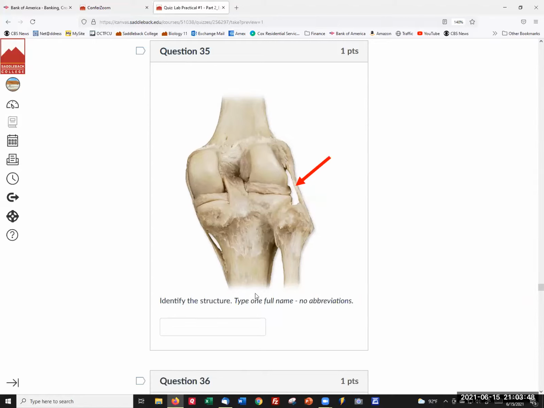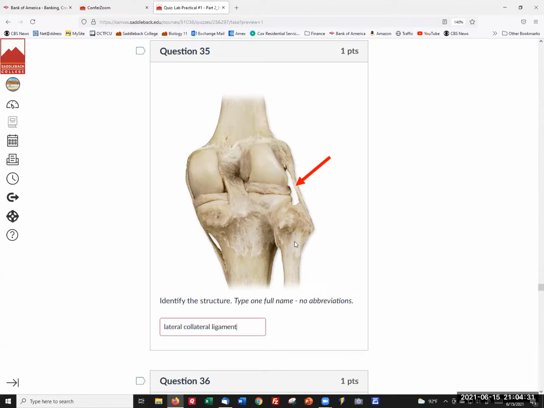Identify the structure. Now you remember we have lateral and medial collateral ligaments. What side is this? Lateral or medial? Lateral? Yes, lateral, because it's the fibula. This is the lateral collateral ligament. It can also be called the fibular collateral ligament because it attaches to the fibula.